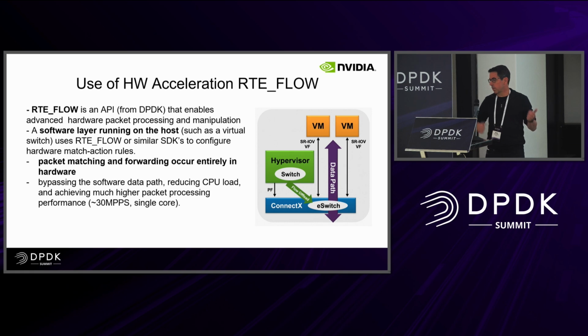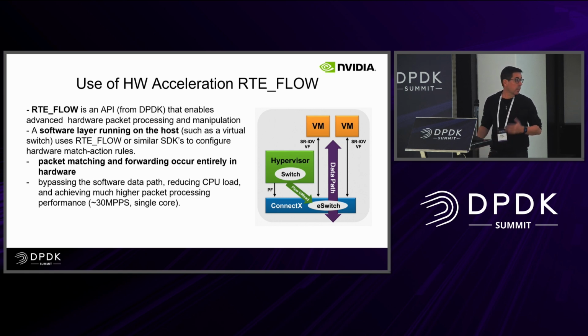So this is an example, just like the previous talk. In DPDK, you have RTE flow, in which you can define patterns and actions. When the packet goes through the hardware, it will match and do the actions according to the user configuration. It's usually split into two. One is the control path, which means that packets you don't know what to do with, you send to the software for processing.